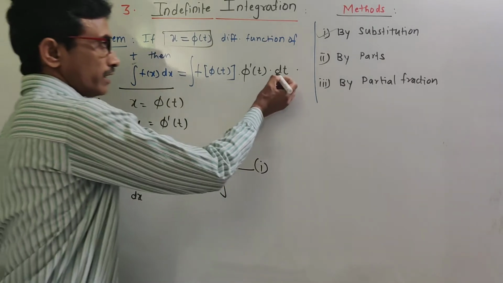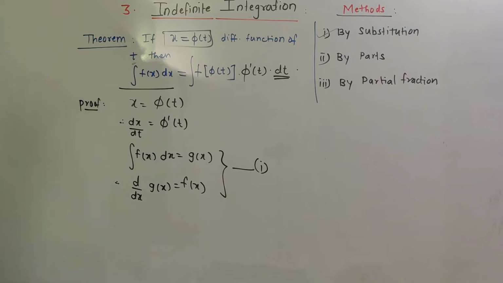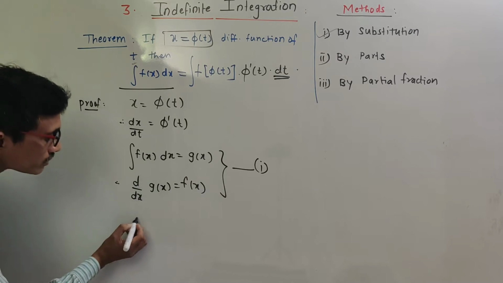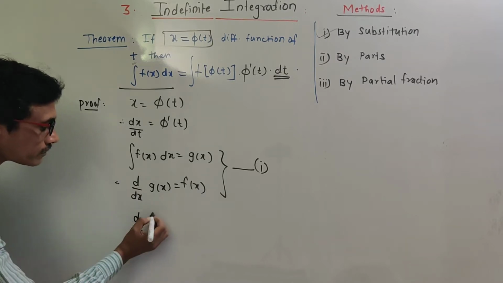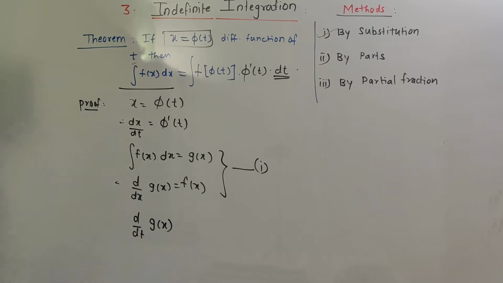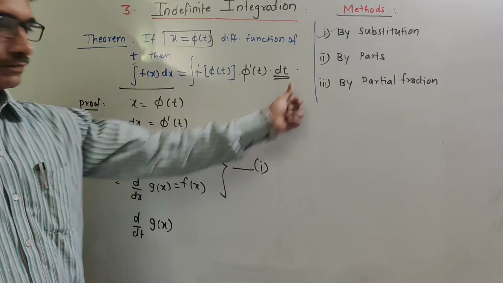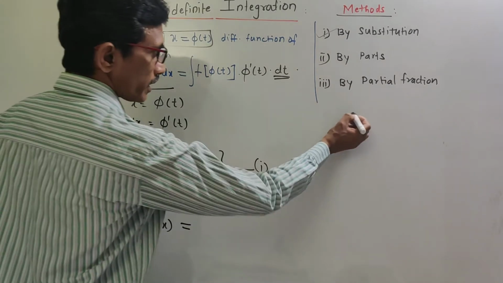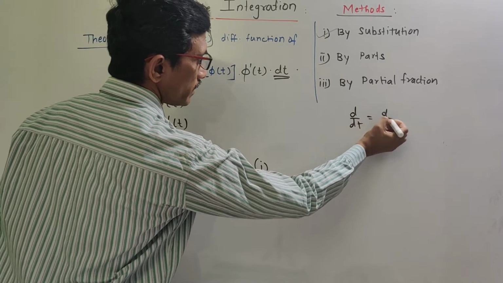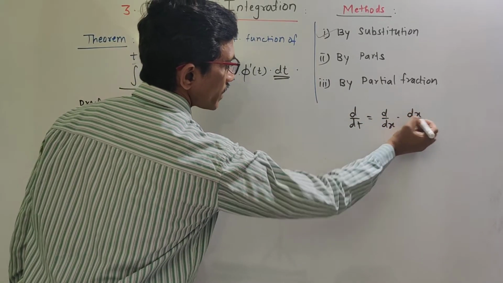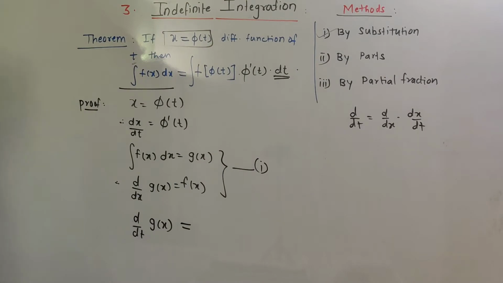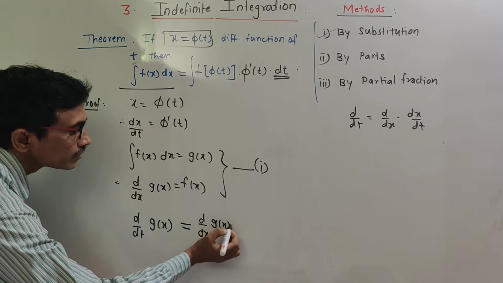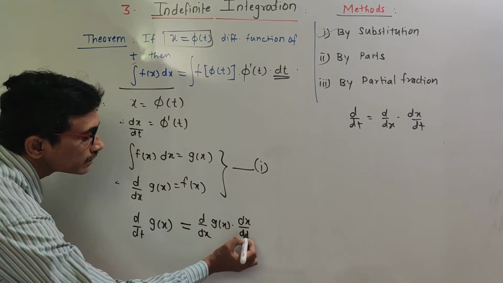Now as we require integration with respect to t, and here we have the derivative with respect to x, we use the chain rule of derivative. We want to express in terms of t. So d/dt of g of x is equal to d/dx of g of x into dx by dt.